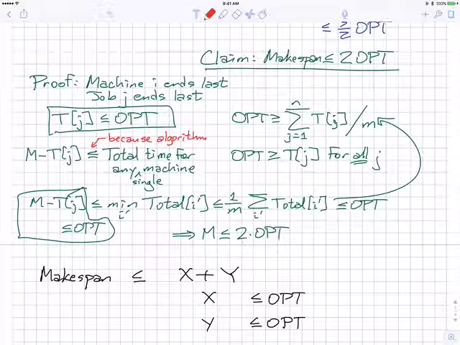Why did I assign job J to this machine? Because this was the machine that at the jth iteration of my algorithm, when I assigned the job, had the smallest finishing time. Now let me put my hand on the finishing time before I assign job J. All the other machines have later finishing times. And I continue assigning jobs to those later machines, so their finishing times keep getting later.